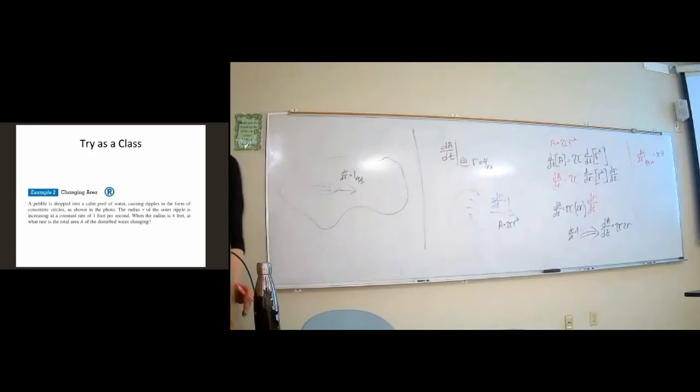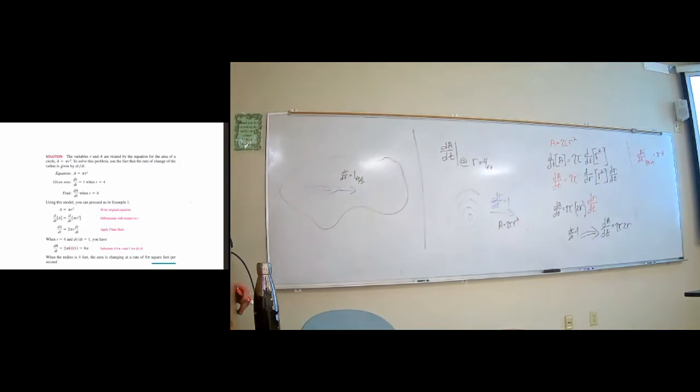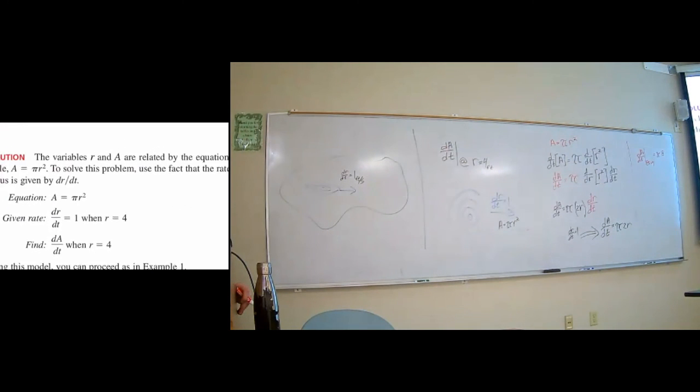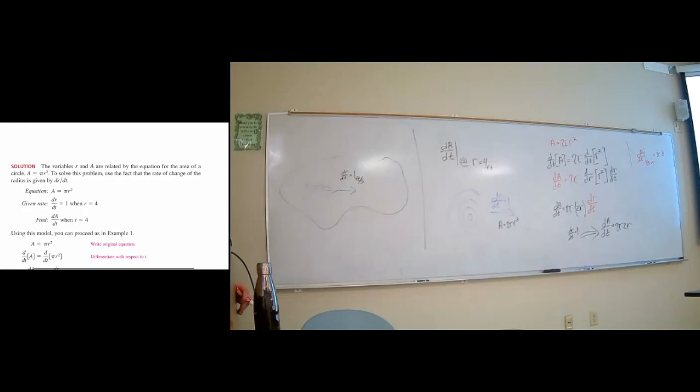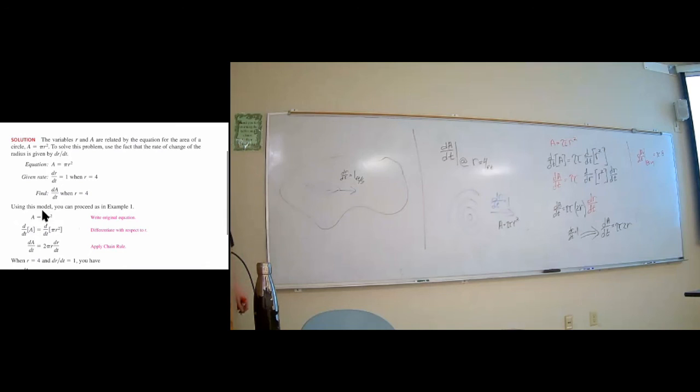Now let's check everything. So we start with the fact that we know how area corresponds to the radius. And we're given how the change in radius corresponds to time. And what we want is the change in area with respect to time. Okay. So we go through, set up our equation.